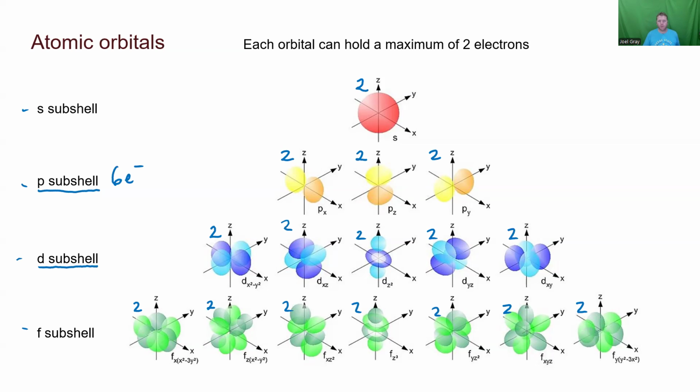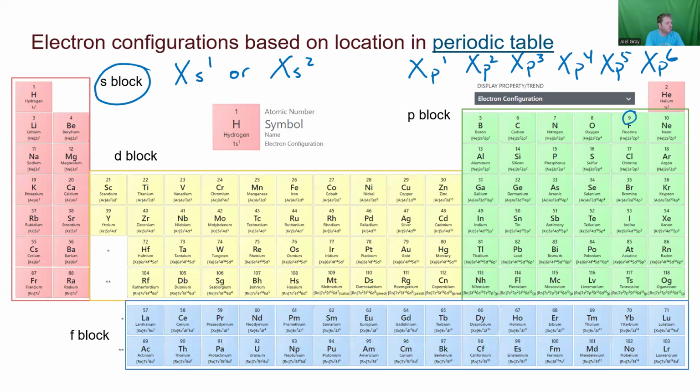Okay. Now, with that in mind, I think that is helpful when it comes to doing an electron configuration, because you can use that information combined with the rows on the periodic table: 1, 2, 3, 4, 5, 6, 7.